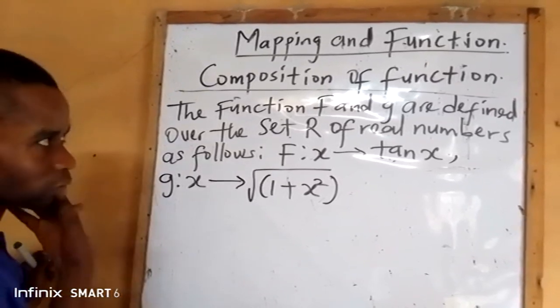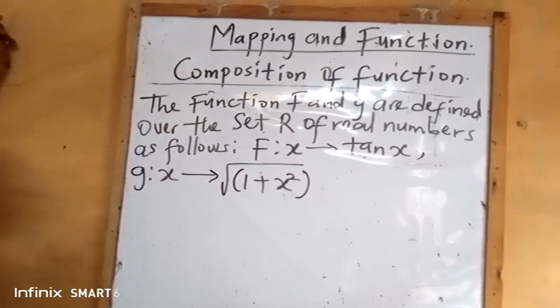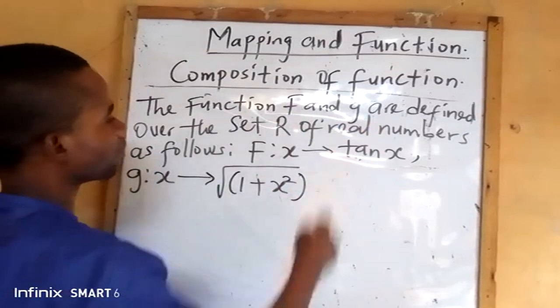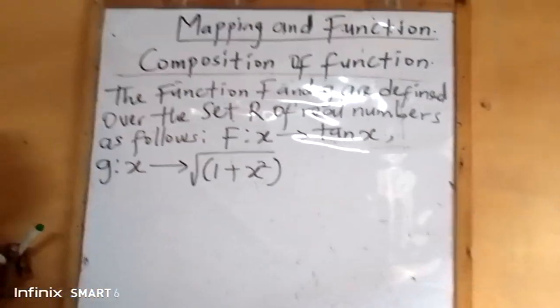I believe by doing this again, we should get to comprehend our composition of a function. Now they say the functions f and g are defined over the set R of real numbers as follows.